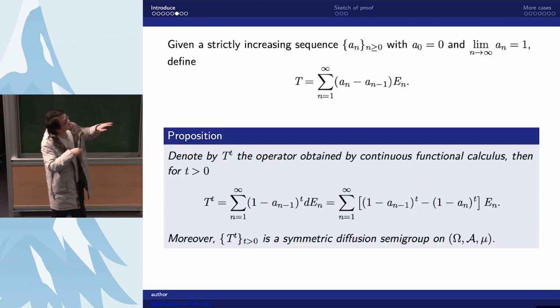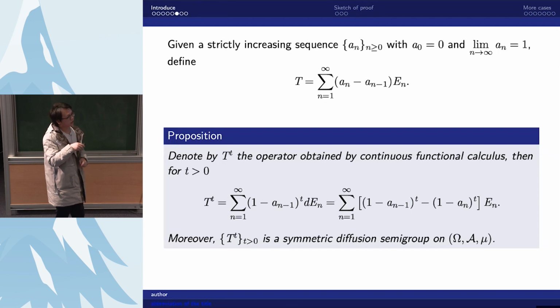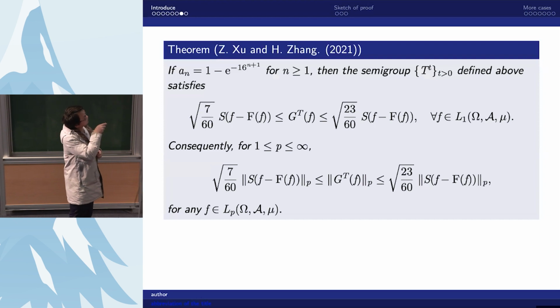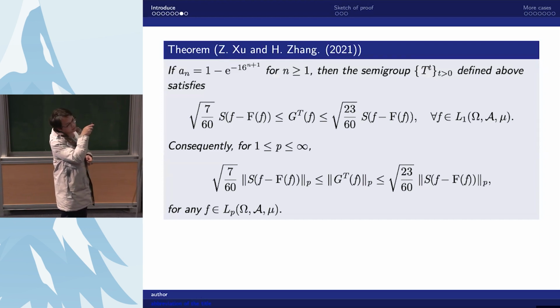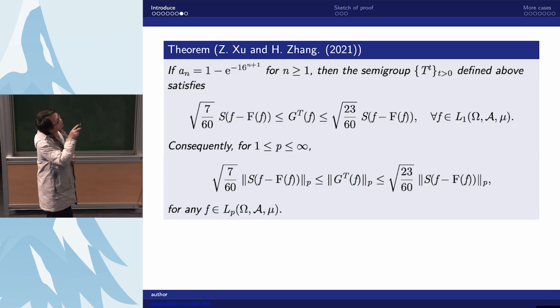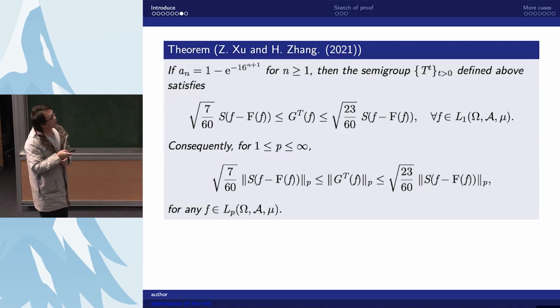Then if we take some special coefficients a_n, we can calculate the Littlewood-Paley G-function and compare the Littlewood-Paley G-function and the martingale square function. For example, if we take a_n as this special sequence, then for the Littlewood-Paley G-function of f associated with the symmetric diffusion semigroup T^t, we get this pointwise equivalence.